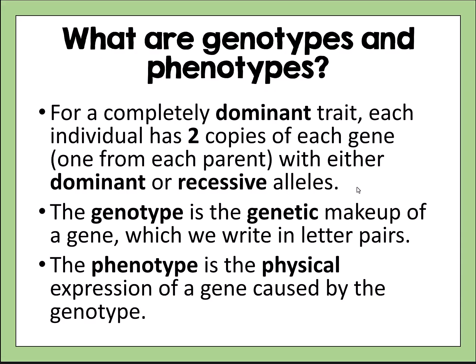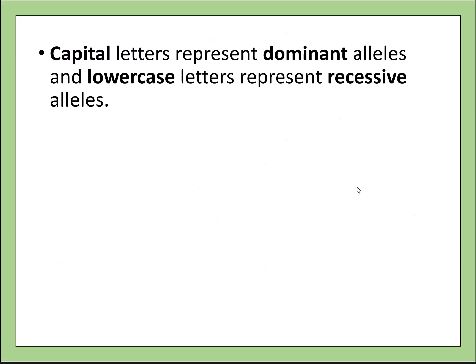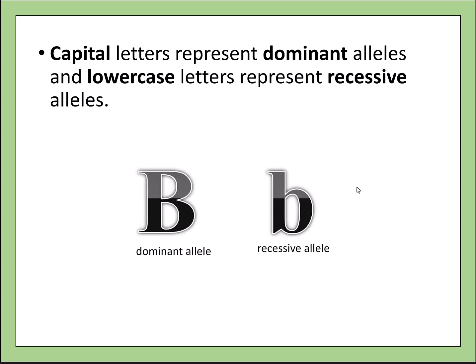The genotype is not something that you can see. It's a representation. So let's take a look at genotype. Capital letters in a genotype represent dominant alleles, and lowercase letters represent recessive alleles. So here's an example.